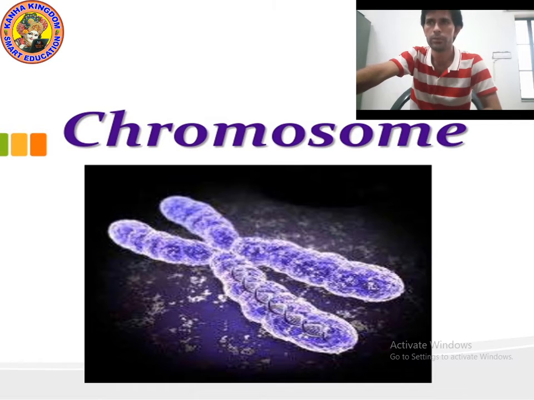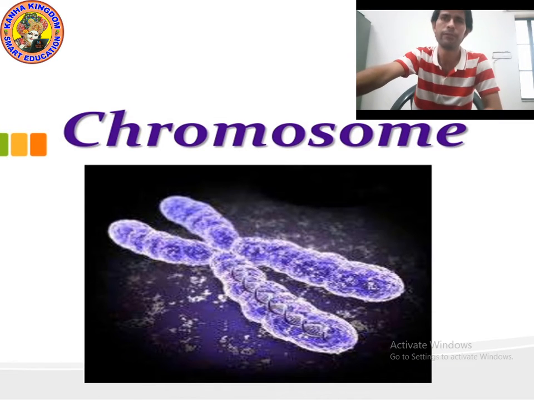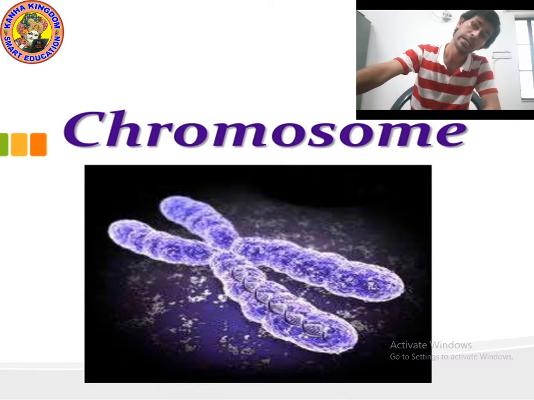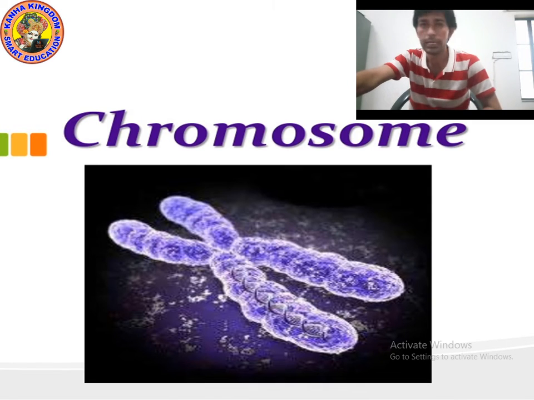Okay kids, the chromosome, as you can see in the picture, looks like an X or a K. Chromosomes are the vehicle of genes. What is the work of a vehicle? A vehicle transports material. In the same way, genes are carried by chromosomes.